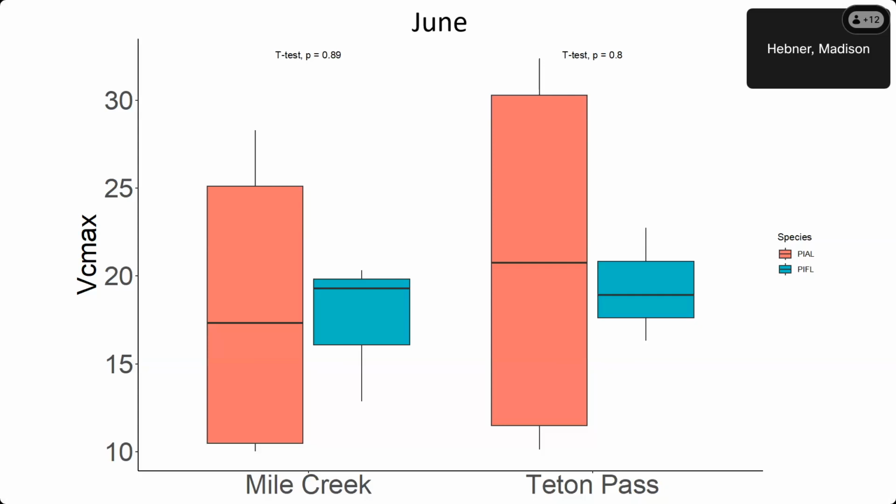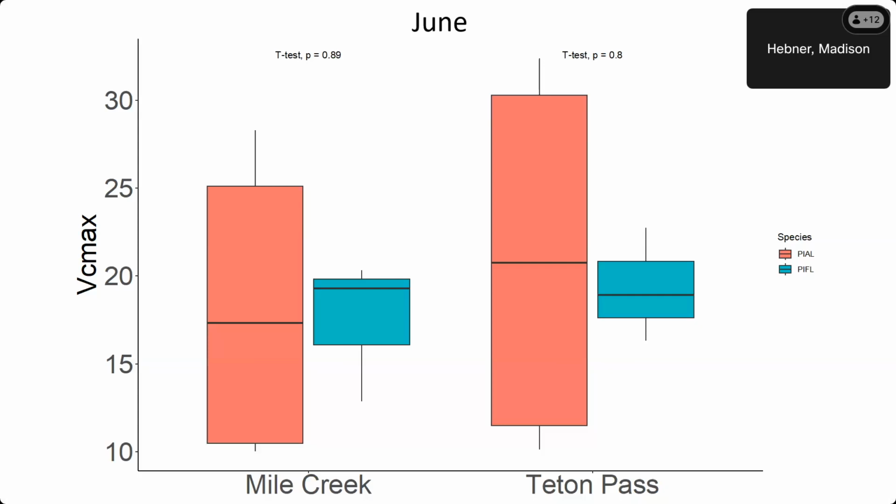I'm excited to see June and July all together, and see if this was just our first month out there using the Licor in the backcountry and it looks a little funky, or if this is how it's going to look for each month.